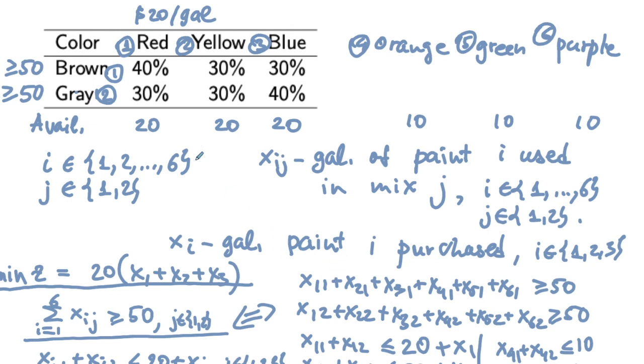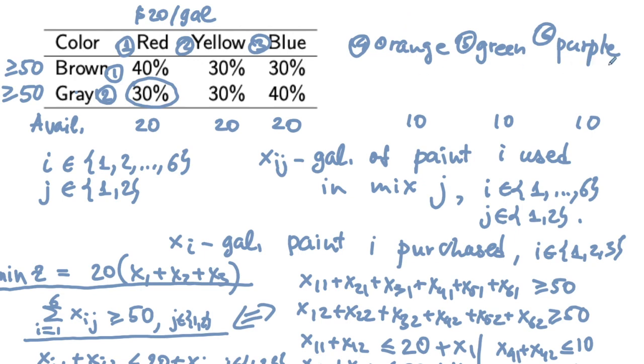Okay, so let's specify this constraint for one of the entries, and then the rest can be derived in a similar fashion. For example, let's look at this entry in the table, 30%, which tells us that the gray mix must have exactly 30% of the red primary color. Now, the red primary color comes from x12, but also red comes from orange and purple.